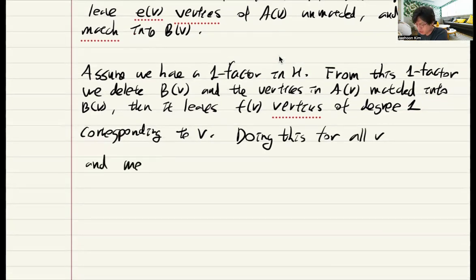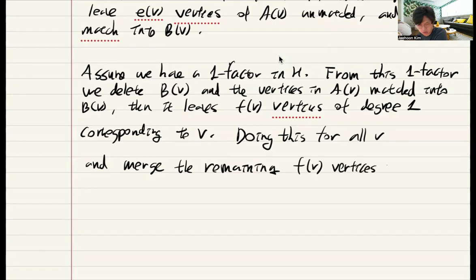And we merge the remaining f(v) vertices of each set A_v.